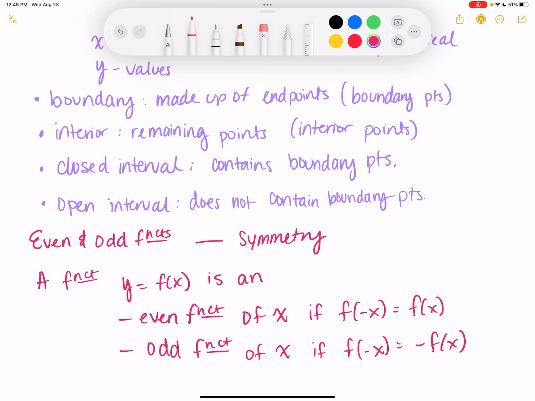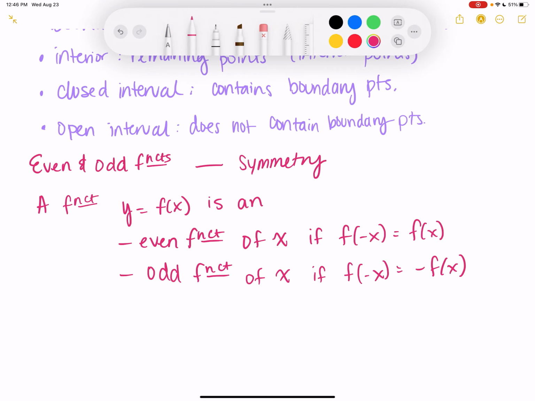So if plugging in a negative makes the whole thing positive, it's even. If plugging in a negative makes the whole thing negative, or I should say opposite, then it's odd. That's for every x in the function's domain.